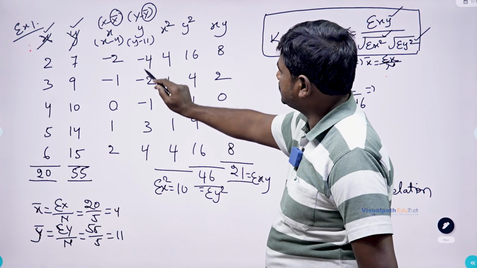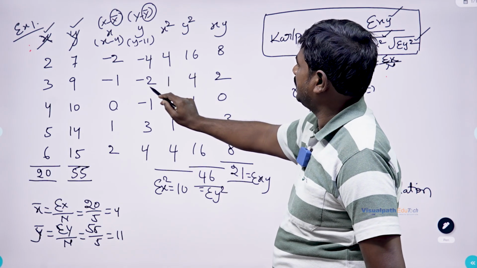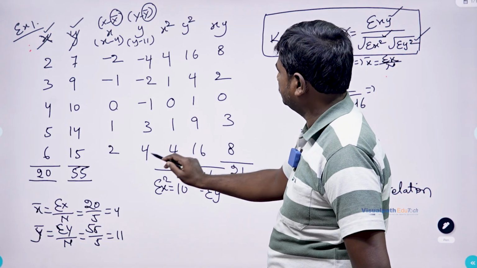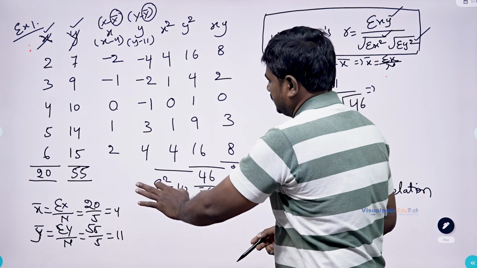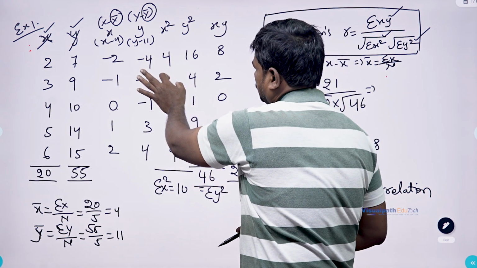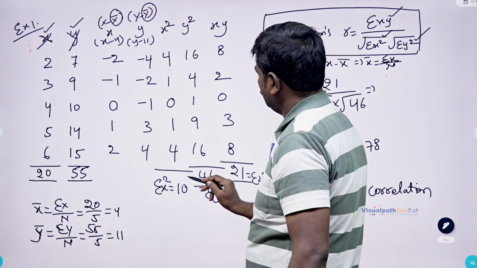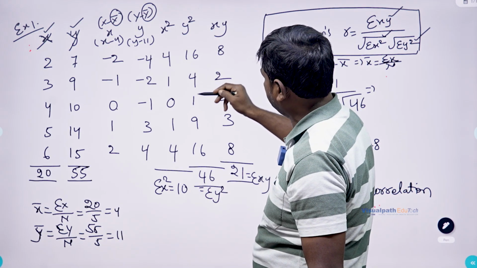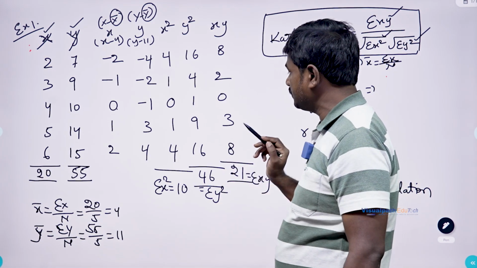The y values are -4, -2, -1, 3, 4. -4 square 16, -2 square 4, -1 square 1, 3 square 9, 4 square 16. So we need to make the summation of all these. Sigma x square is 4 plus 1, 5 plus 1, 6 plus 4, 10. Similarly, sigma y square is 16 plus 4, 20 plus 1, 21 plus 9, 30 plus 16, 46.